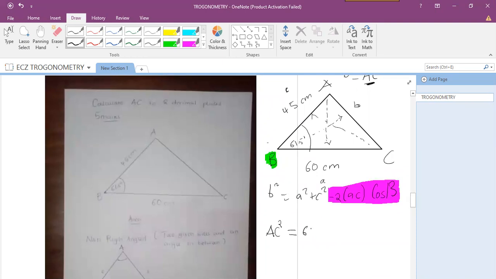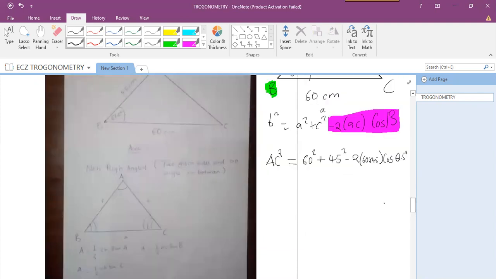So 60 squared plus C is 45, so 45 squared minus 2, open brackets, 60 times 45, close brackets, cos 61.5 degrees, like so.